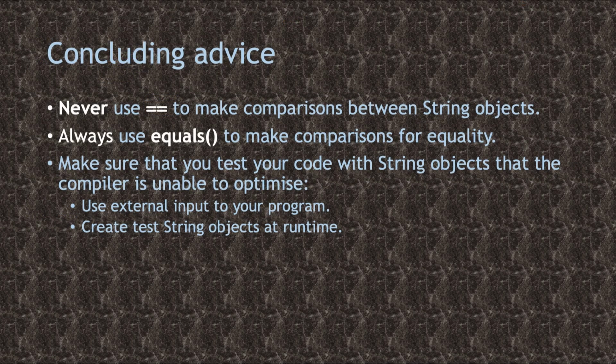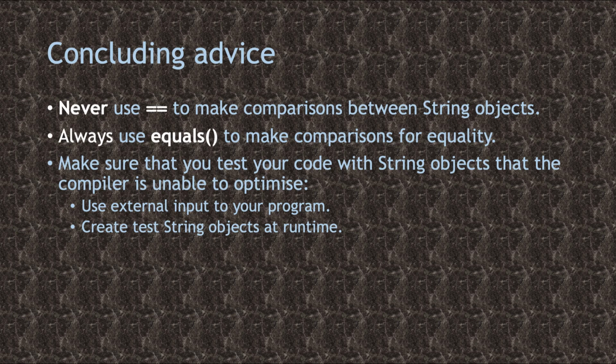So as concluding advice, we should never use the equals operator to make comparisons between string objects when we want to ask, is the text within these two string objects identical? Instead, we should always use the equals method invoked on one of those string objects to make the comparison.